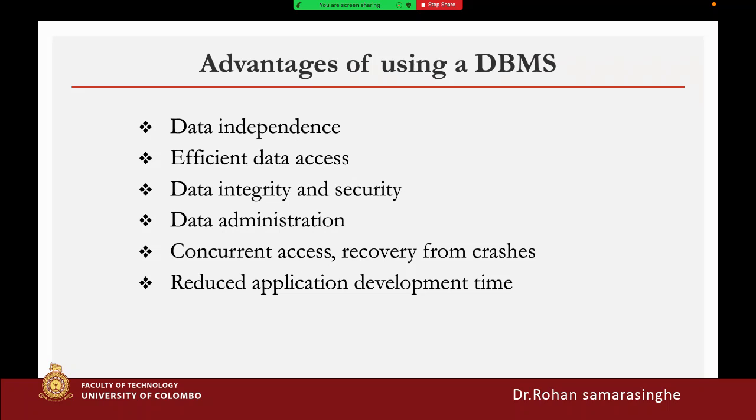Recovery from crashes also. If the database crashes, there are some mechanisms. Normally the data in the databases regularly gets backed up according to the criticality and importance of the data. For example, consider financial institutes, banks. They take real-time backups.